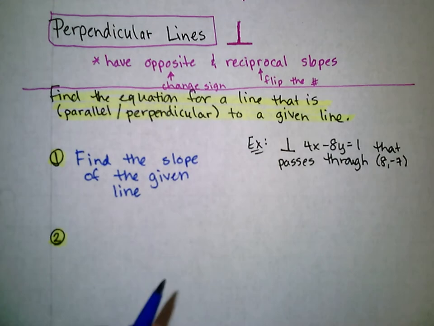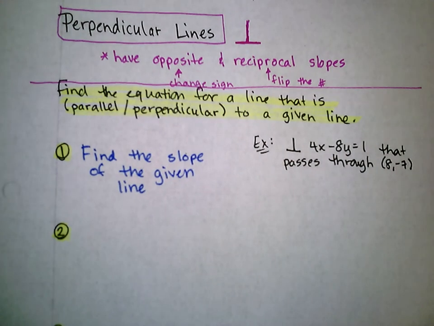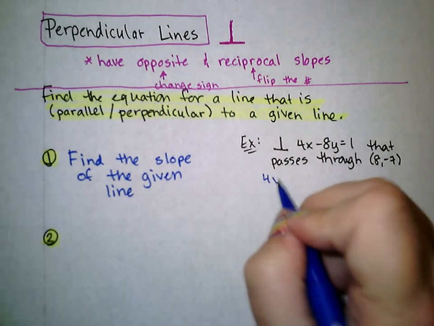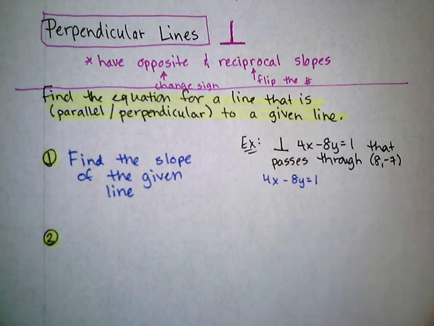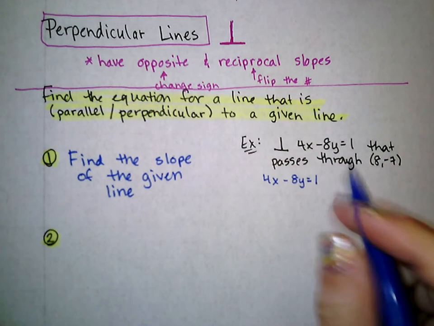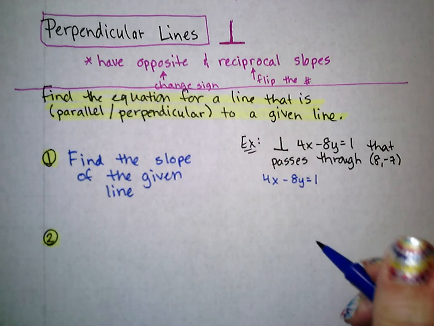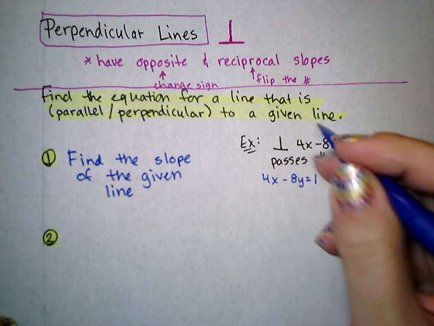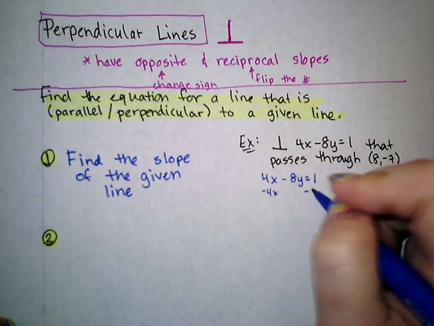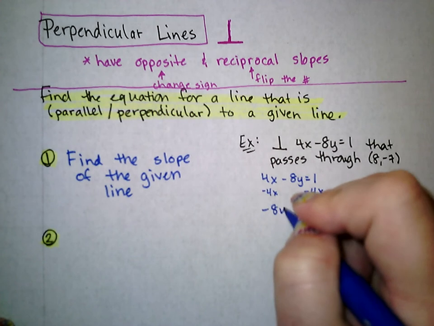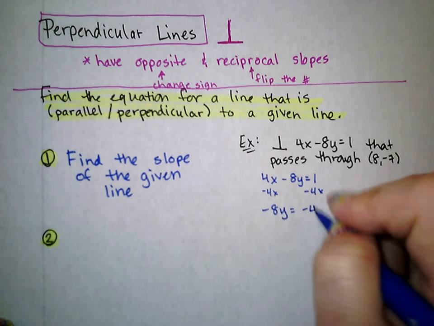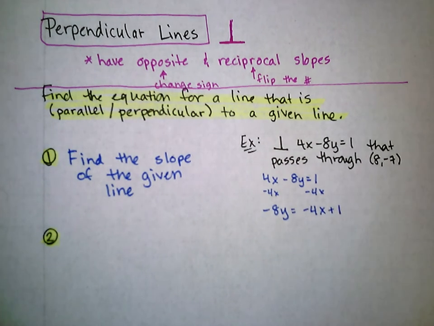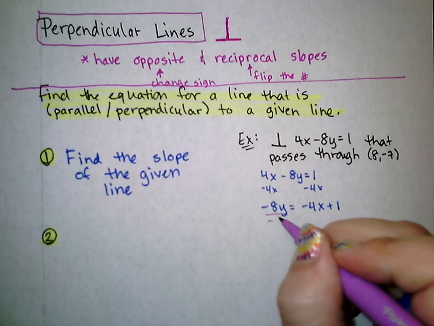So we are given 4x minus 8y equals 1. The easiest way to find the slope of this line is going to be just to put it in slope-intercept form. So I will subtract that 4x over. I get negative 8y equals negative 4x plus 1. And then divide each term by negative 8.